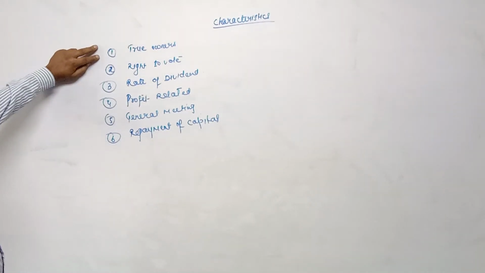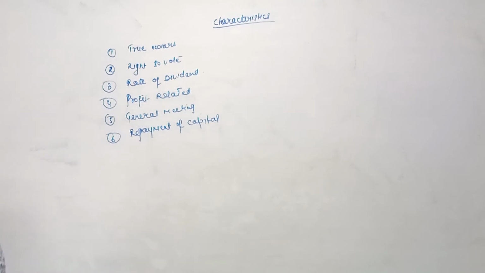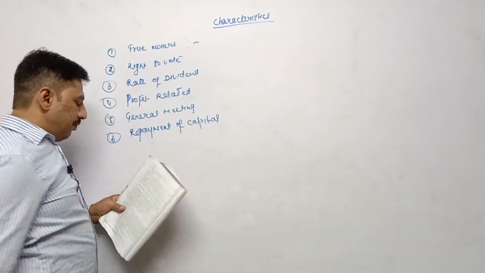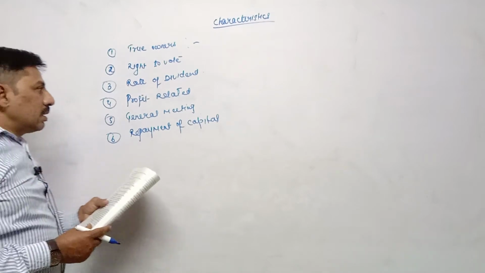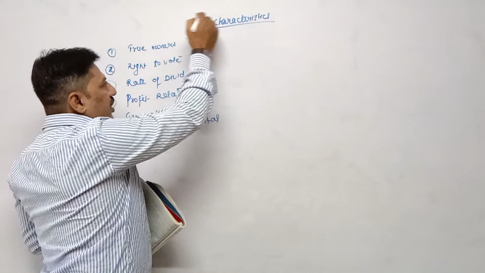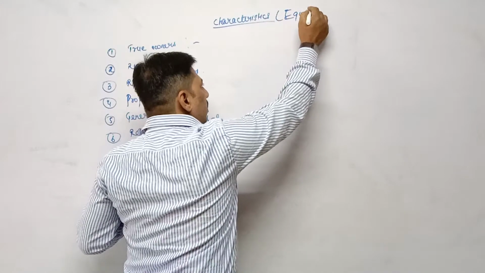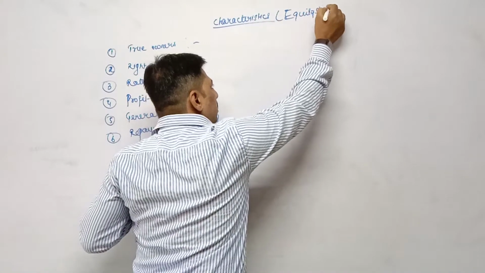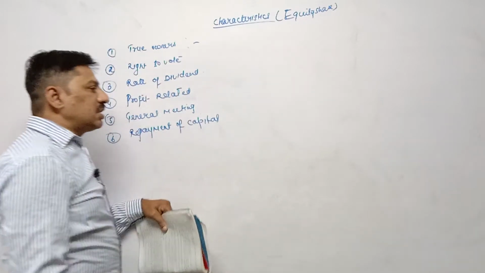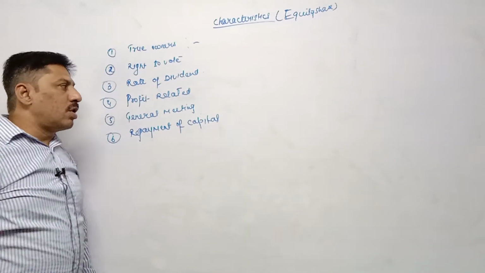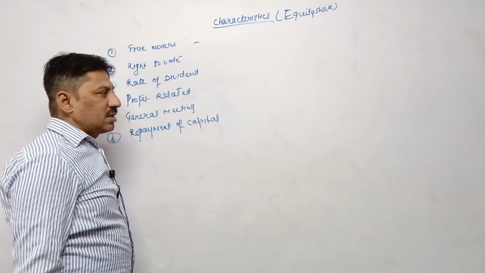So here I have taken the first 6 points: true owners, right to vote, rate of dividend, profit related, general meeting, repayment of capital. Now explanation of these 6 points. First, true owners. The person who purchases equity shares is considered a true owner of the company because they are taking risk.